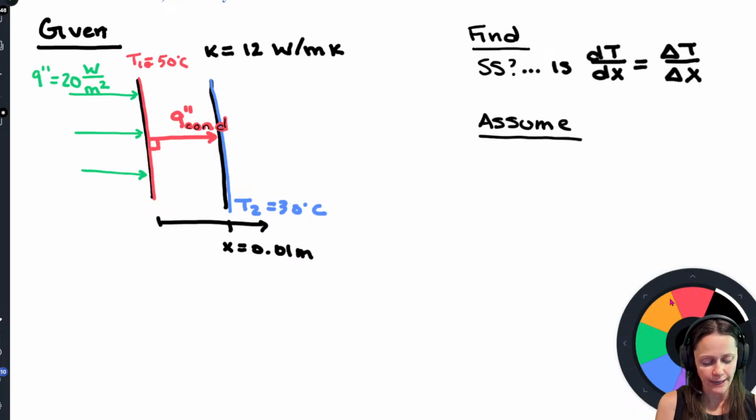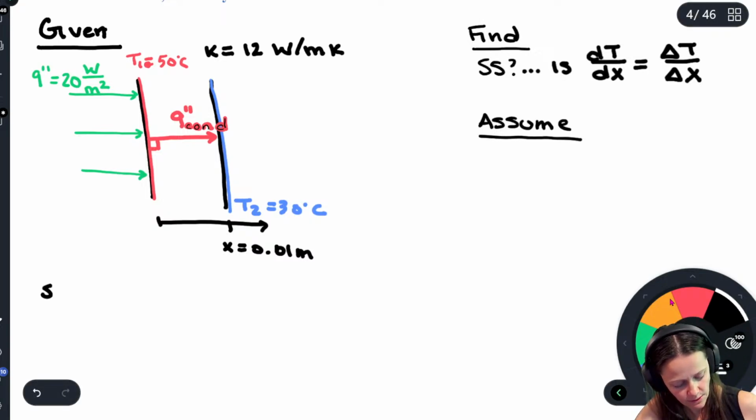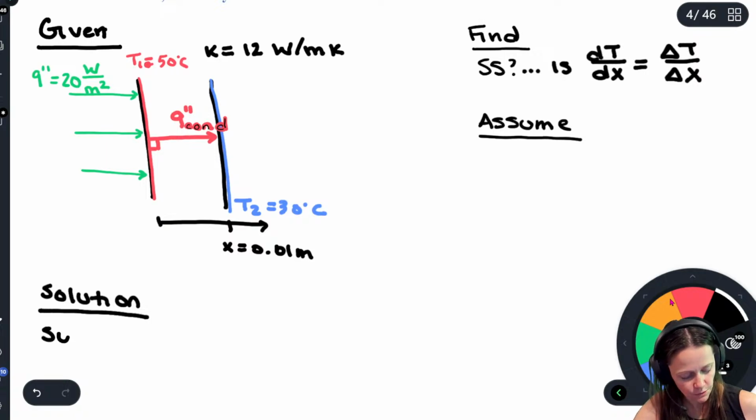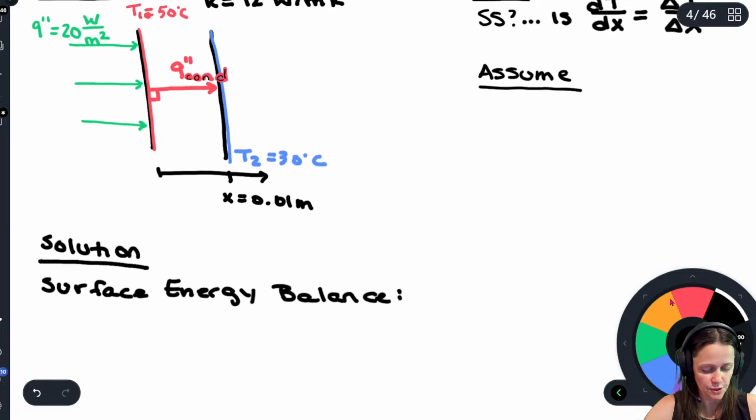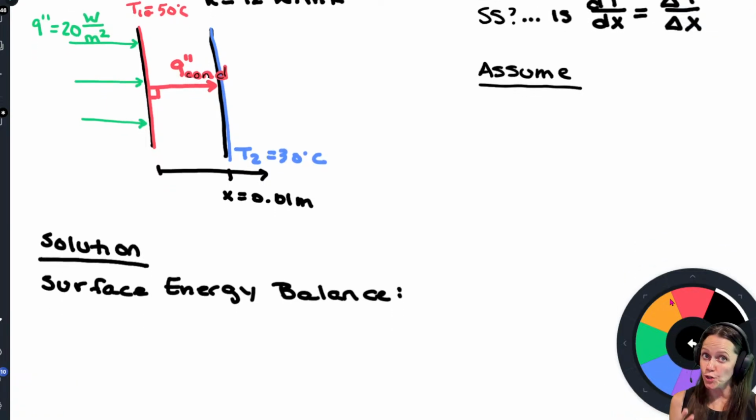So, all right. I know by a surface energy balance, so let's put it over here. Solution. All right. So if I do a surface energy balance, it has no volume.